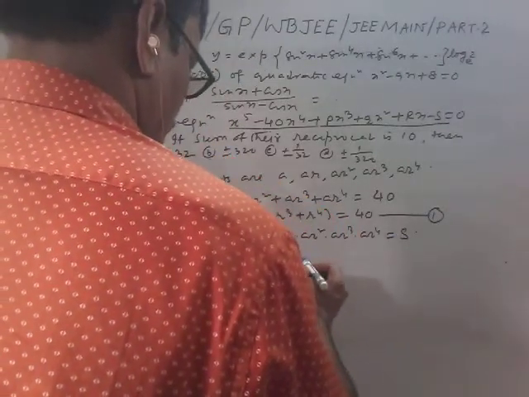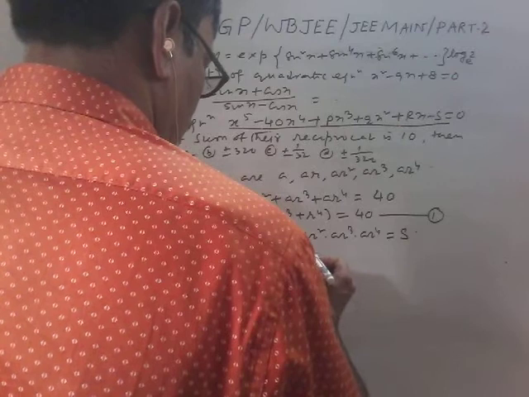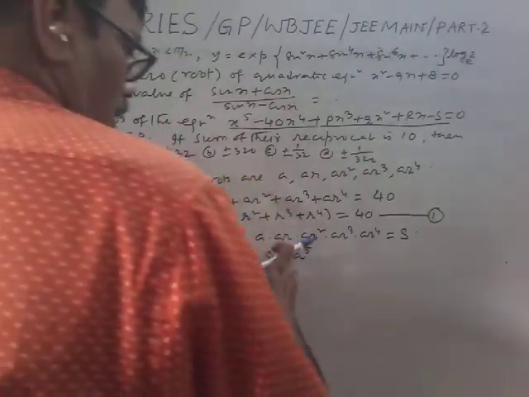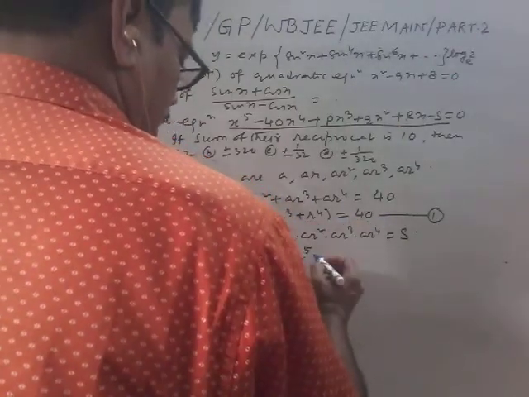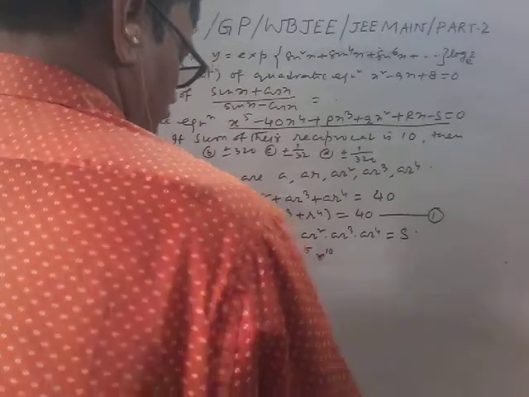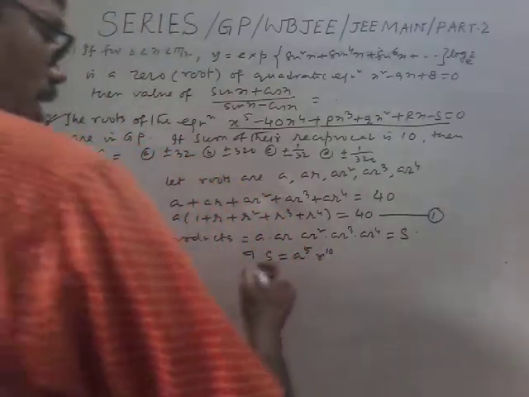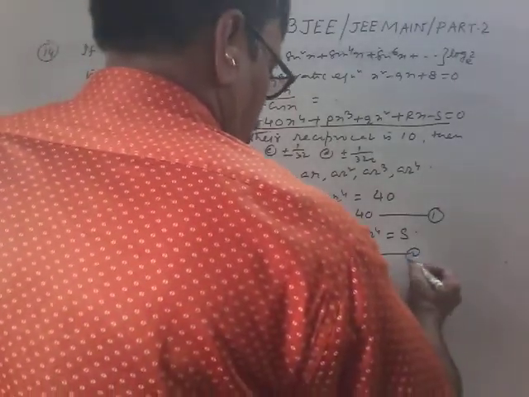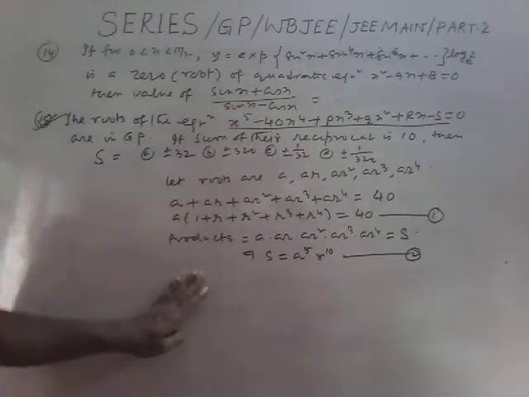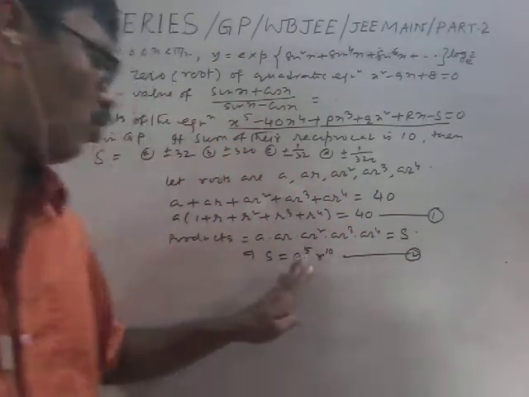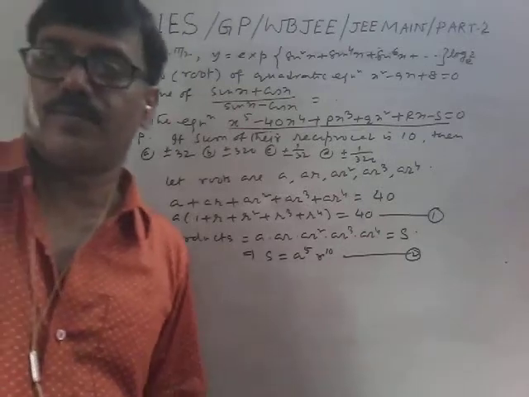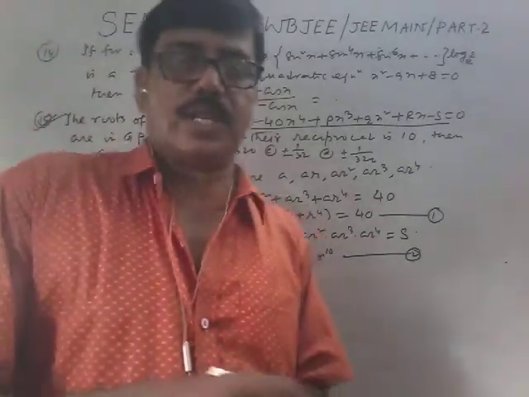This implies capital S equals A to the power 5, with 1, 3, 6, 10 adding up to r to the power 10. So S equals this. This is equation 2. Now we have to find S. So we need A and R. So one more condition is given.